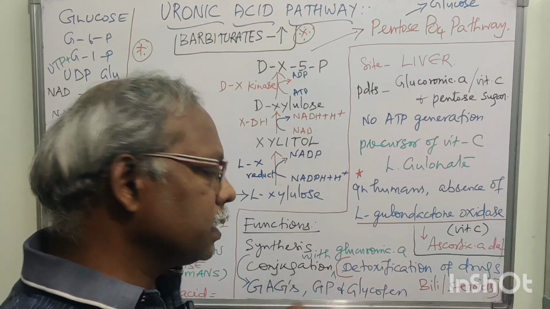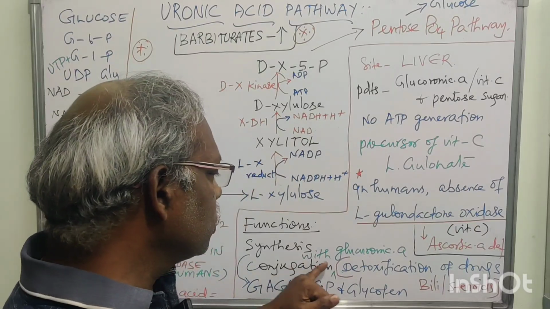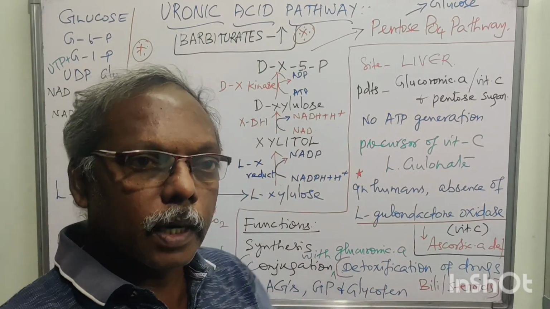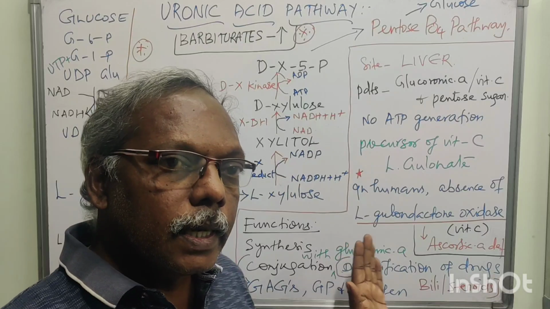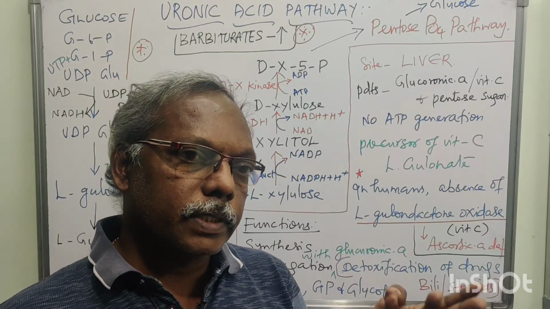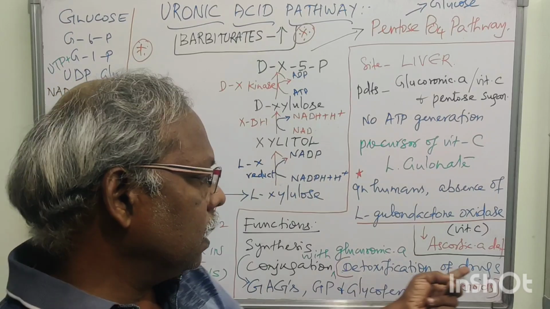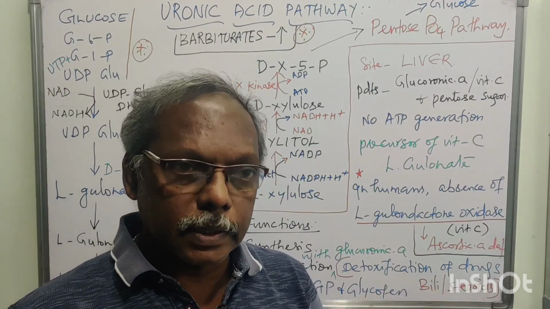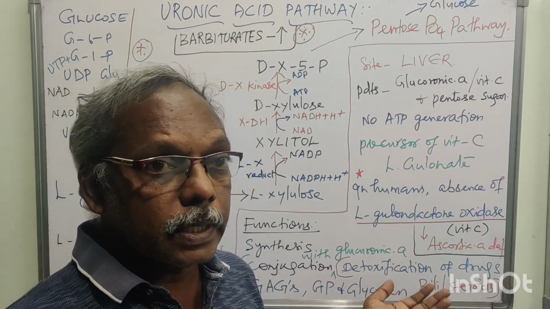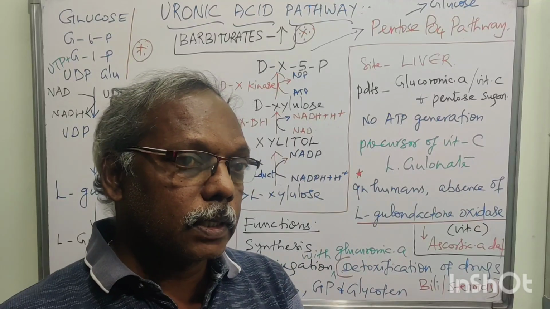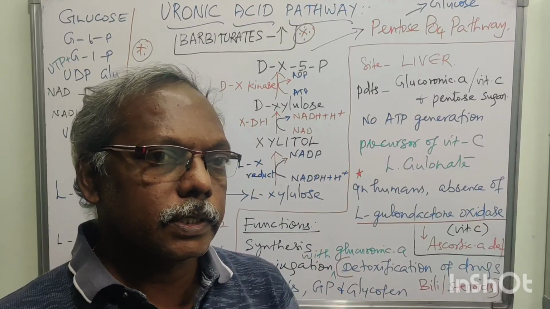Next one is conjugation. They always go with glucuronic acid and make the conjugation for the excretion or detoxification of bilirubin, steroids and some drugs. Very, very important functions: detoxification of drugs, conjugation of steroids and conjugation of bilirubin.